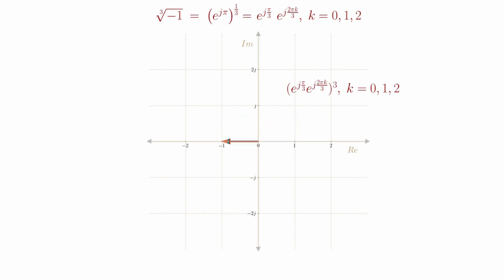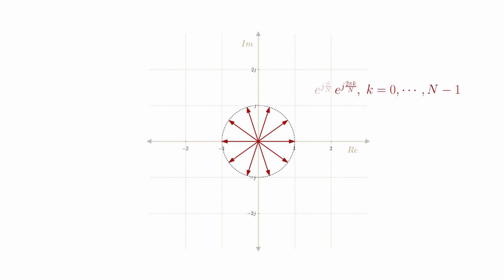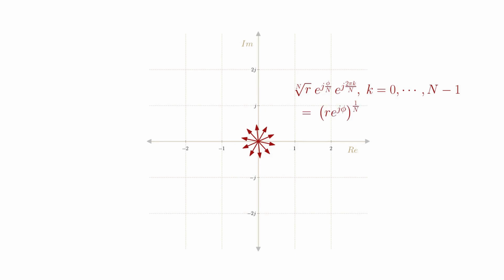We see that all the roots reach minus 1 when cubed. Cool, but what about the other options for k? It can take any integer value, right? That's right. But because of this property, we see that for other values of k, the roots merely repeat. So yeah, we see that by suitably rotating and scaling the nth roots of 1, we can get the nth roots of any complex number.